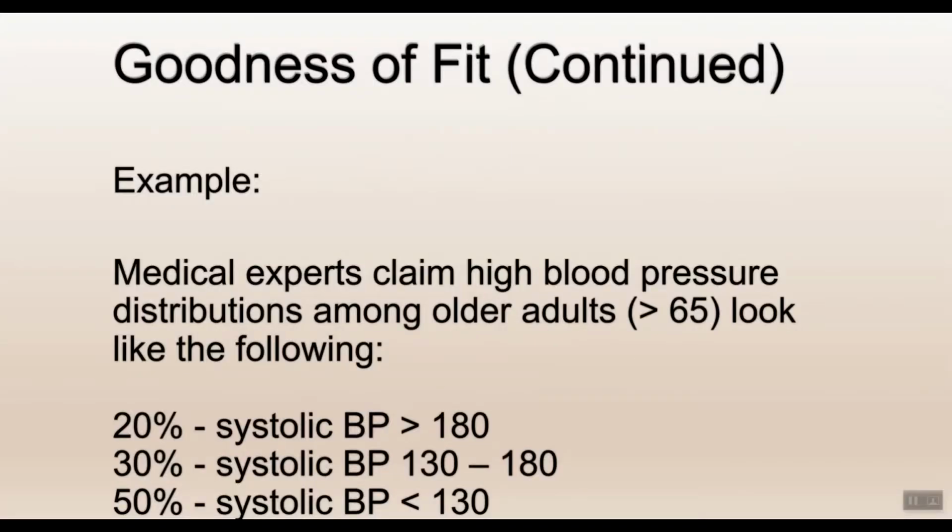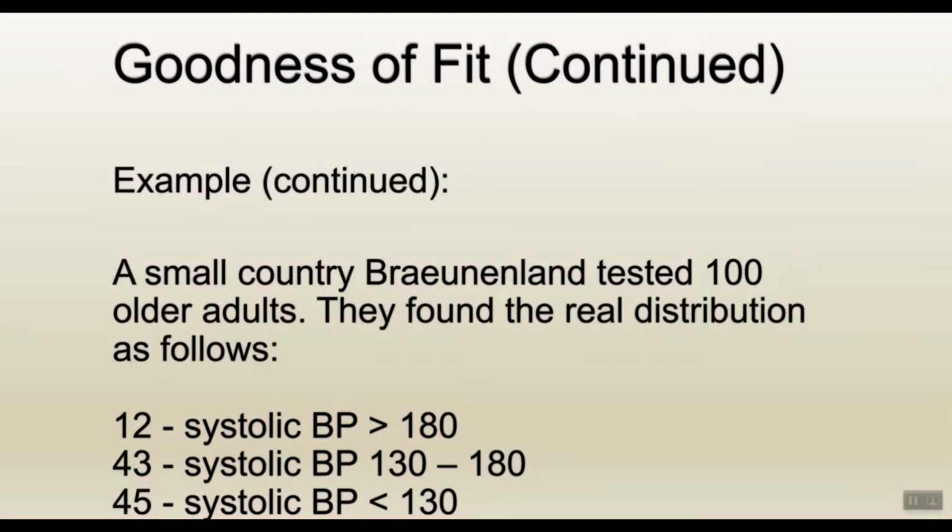Here's an example. Medical experts claim high blood pressure distributions among older adults look like the following. 20% of the population have a systolic blood pressure greater than 180. 30% of the population have blood pressure within the range between 130 and 180, while the remaining 50% have a normal blood pressure.